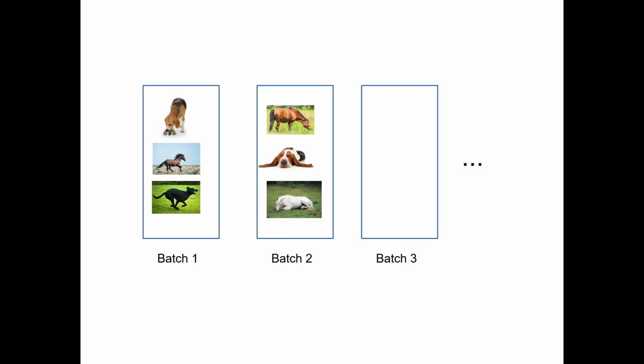Another important concept you will need to use if you are using Toolkit is the notion of batch. In the example I gave you, we processed images one by one. The first image, then the second, then the third, and so on. In reality, when we work with neural networks, it's not like that. The examples are grouped into batches.